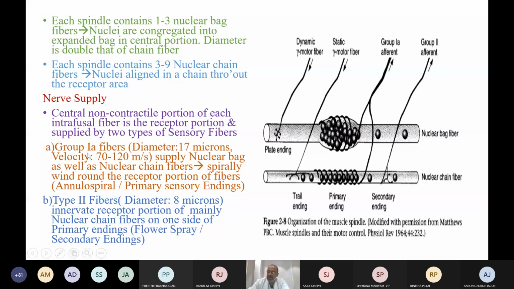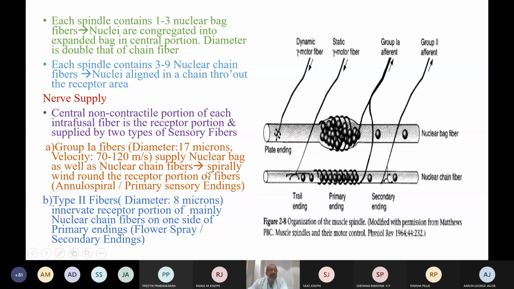Group 1A fibers have a diameter of about 17 micron and a conduction velocity of about 70 to 120 meters per second, supplying nuclear bag fibers as well as nuclear chain fibers.